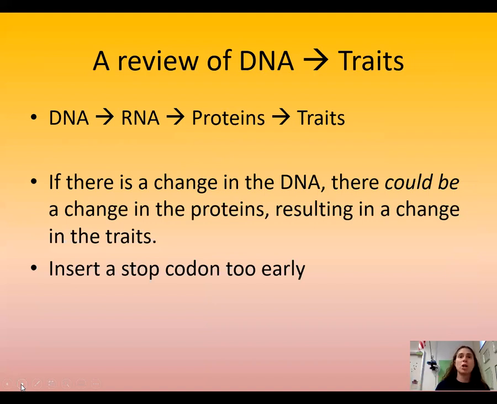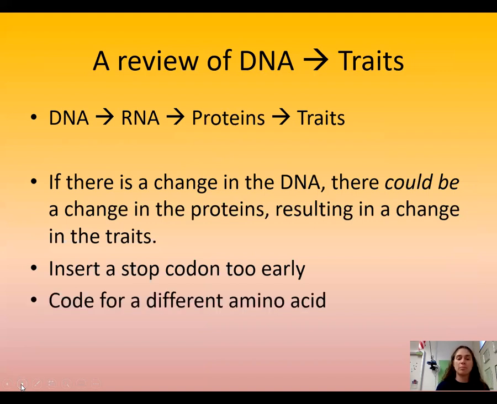Then you get a smaller DNA strand. It could code a smaller polypeptide strand. It could code for a different amino acid so that it's the same size protein, but now that's going to fold differently. And so you're going to get a different protein, because remember, the order of the amino acids is what leads to the shape of the protein, which is what leads to your traits.